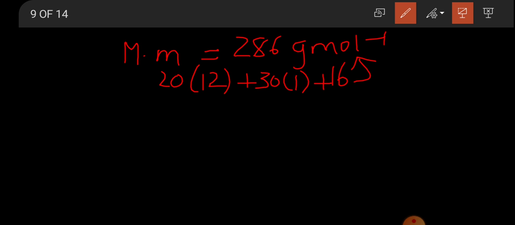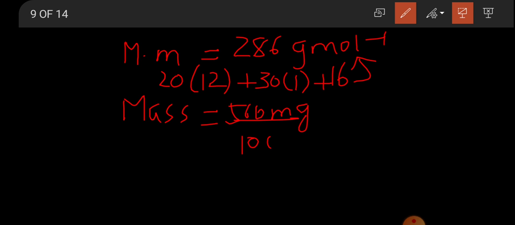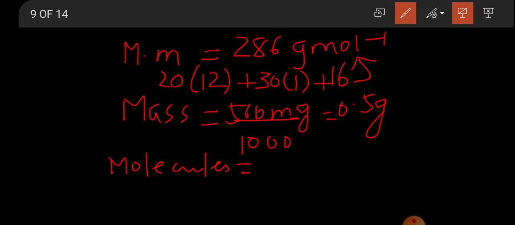So this is the molar mass. What is the mass of vitamin A? The given mass is 500 milligram, and in order to convert this milligram into gram, you will divide it by 1000 and you will get the answer 0.5 gram. And then you will apply the formula: molecules is equal to mass over molar mass multiplied by Avogadro number.